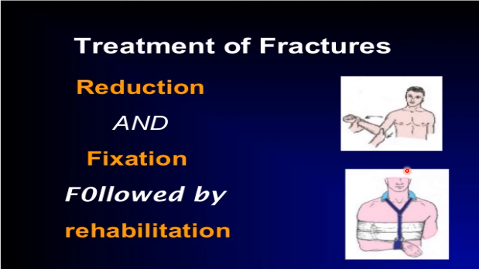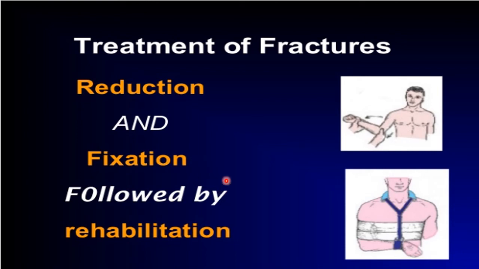So, how do you treat fractures? Reduction and fixation followed by rehabilitation. Reduction of a fracture is reducing the deformity or the displacement of the bone segments or the bone fragments. Fixation: you can fix internally with the help of plates, screws, or nails, or you can fix externally with the help of traction or POP, plaster of Paris cast.